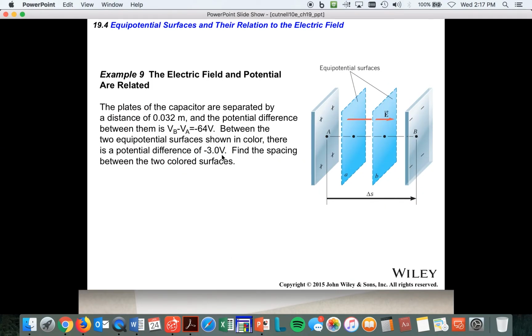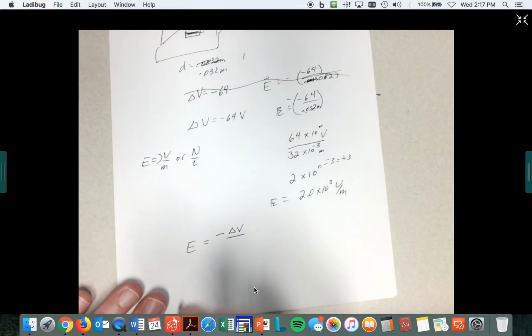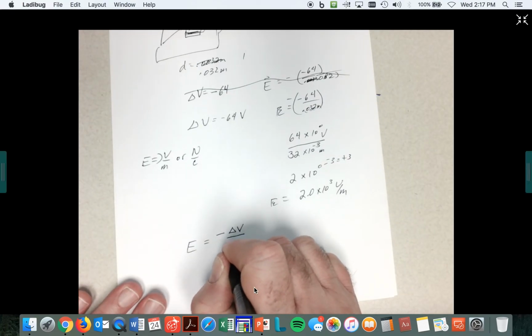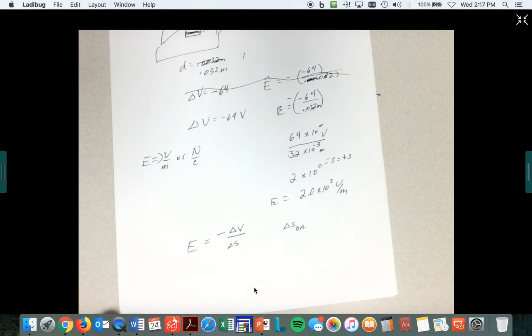Oh, they want to find the space between A and B. This time, change in S is the difference between B and A.